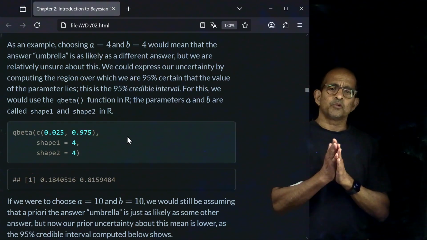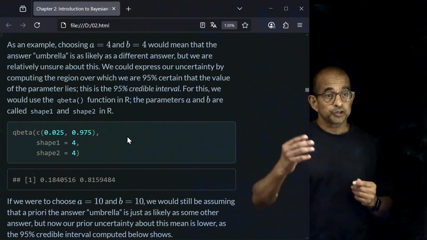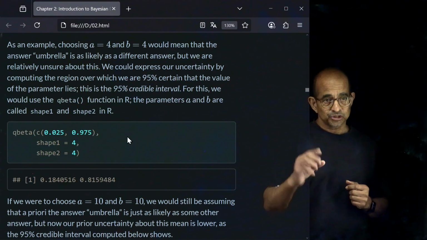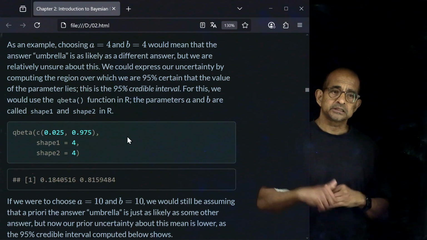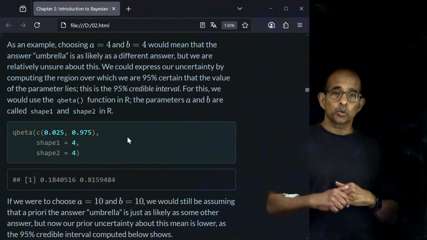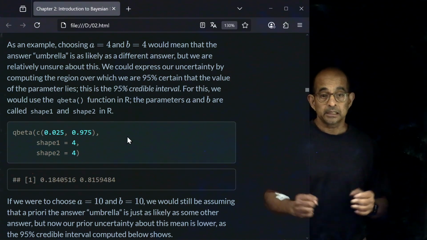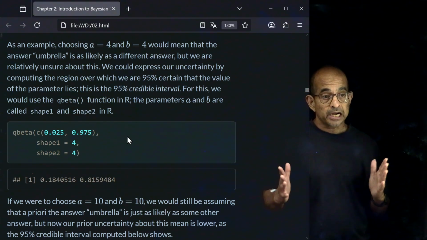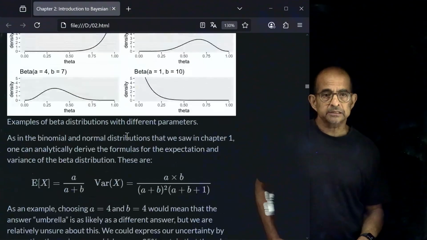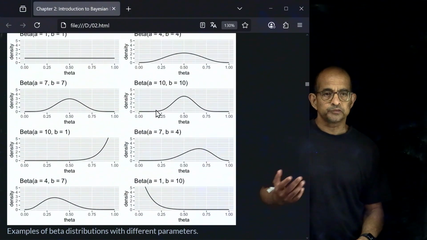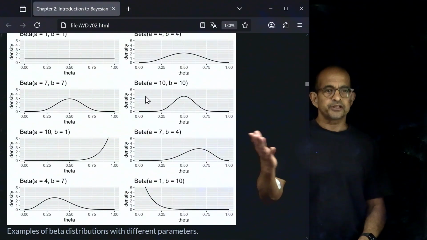One interesting thing I want to introduce here is the application of the qbeta function. So remember the dpqr family of functions? They play a very important role in helping us understand the properties of the prior distribution. Of course, we can understand the properties of the prior distribution we decide on for theta by graphically summarizing them.